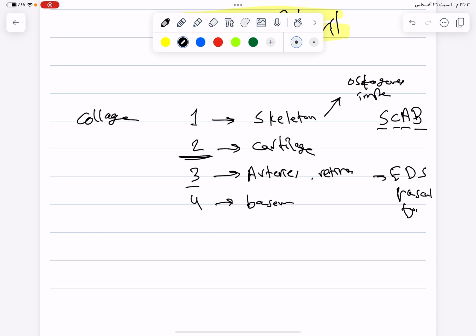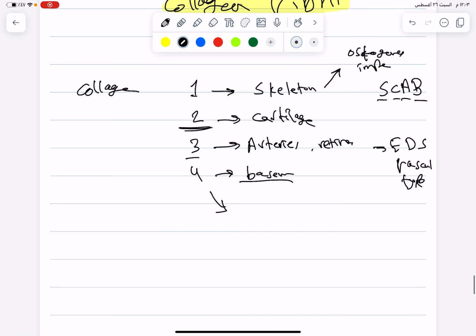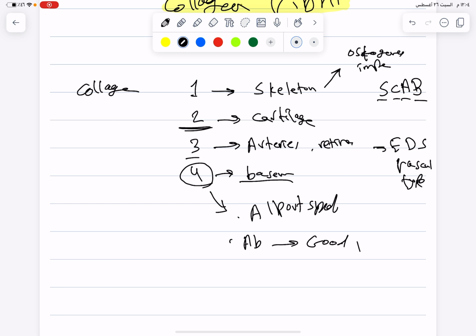If we have a defect in collagen 4 in the basement membrane, we have either defective collagen 4, which occurs in Alport syndrome, or we have antibodies against type 4 collagen, which will lead to Goodpasture syndrome.